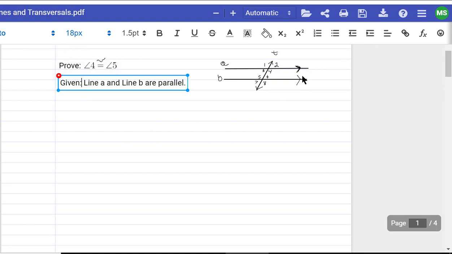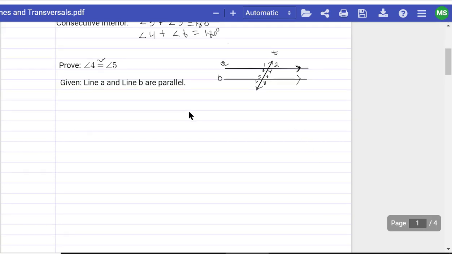There's two little chevrons on these lines right here. Looks like a sideways V on each one of these. That means that they're parallel. Now, due to that, I'm going to be able to write my 2-column proof.